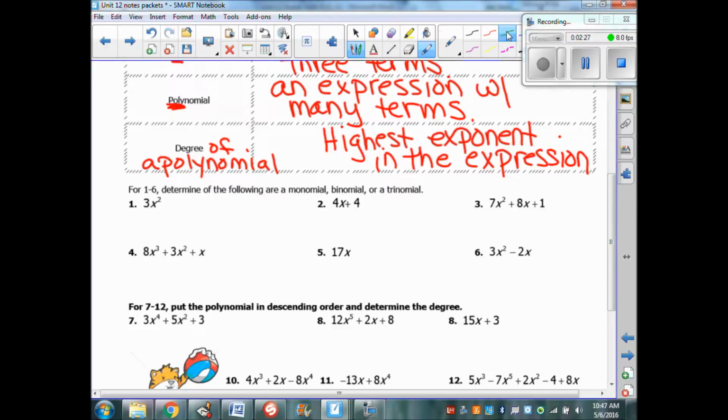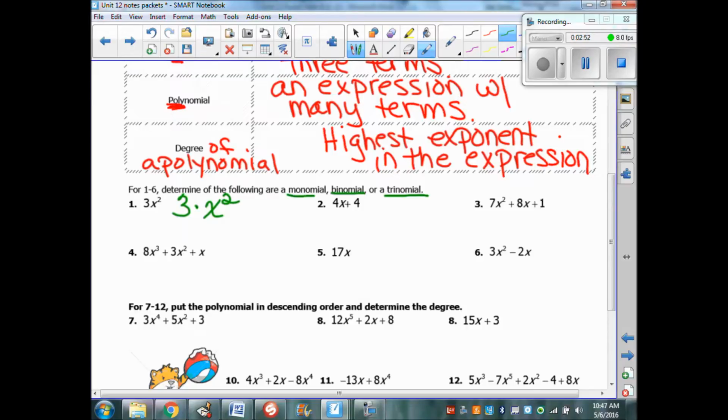So the first section says we've got to determine or classify whether it's a monomial, a binomial, or a trinomial. So when I look at number one, I've got 3x squared. And how is 3 attached to that x squared? Well, it's attached by multiplication. So it would look like there's more than one term there, but when it's attached by multiplication, it's still a monomial.